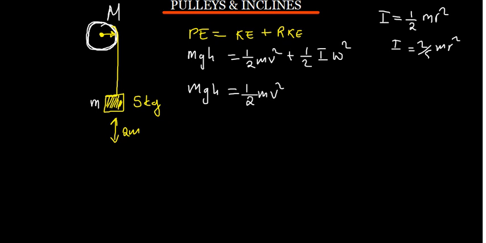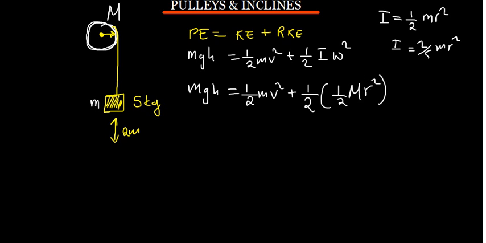Let's say we are using a solid disk, so the moment of inertia is 1 over 2 mr squared, where the m is capital M, and then radius squared.